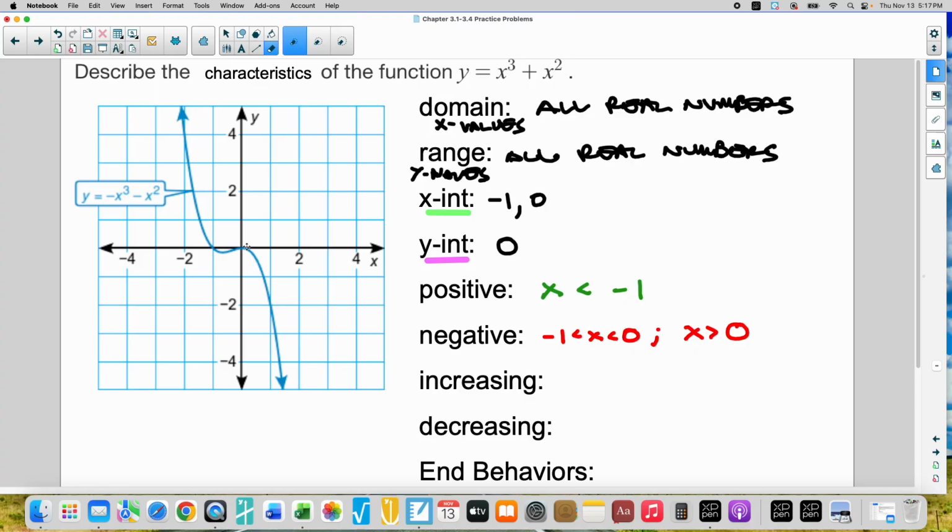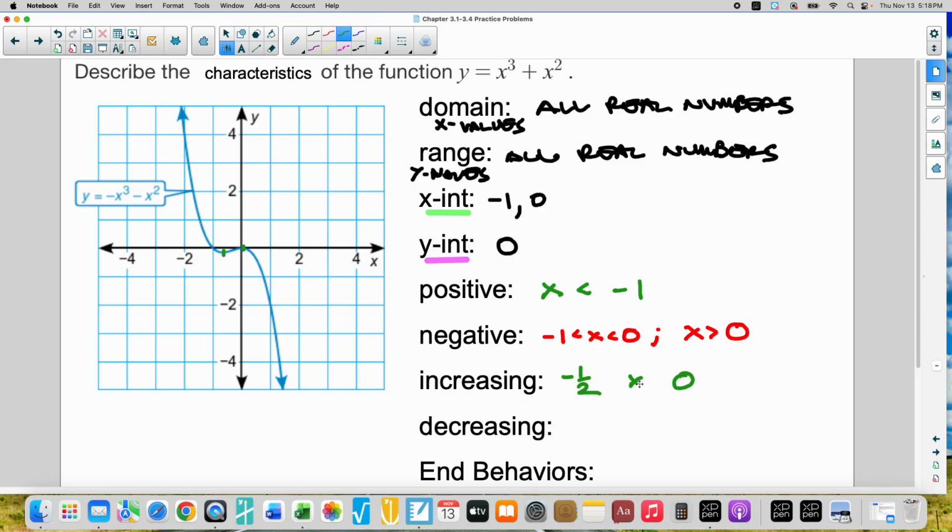It's very tricky because it's increasing right here, from right here to right here. Boy, that's not an easy one to do. So from here to here, it's increasing. Because it's a segment, I'm going to say negative 1/2 to 0.